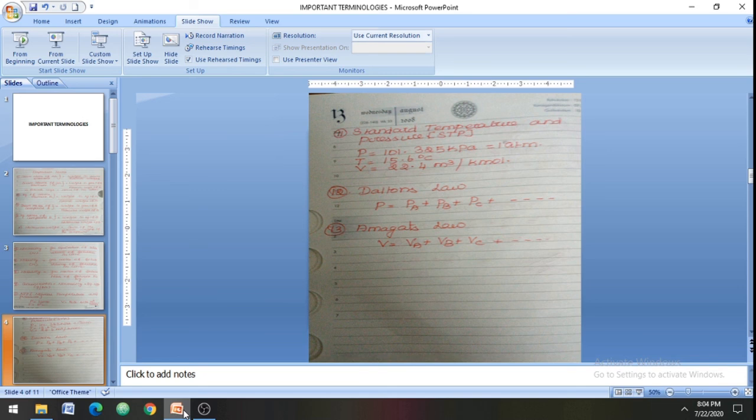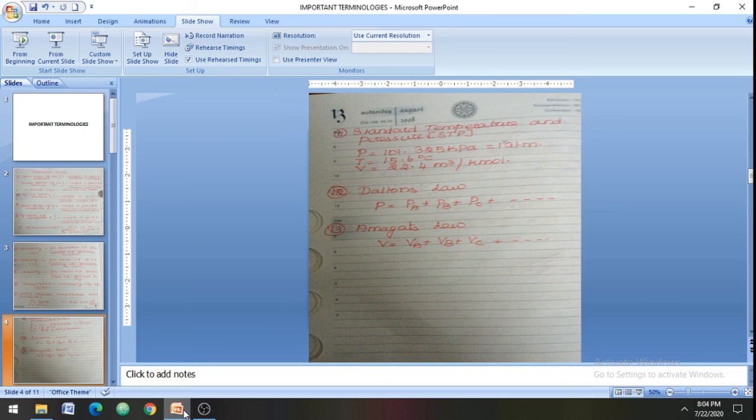Amagat's law states that the total volume occupied by a gaseous mixture, capital V, is equal to the sum of the pure component volumes of the component gases present in the gas mixture.